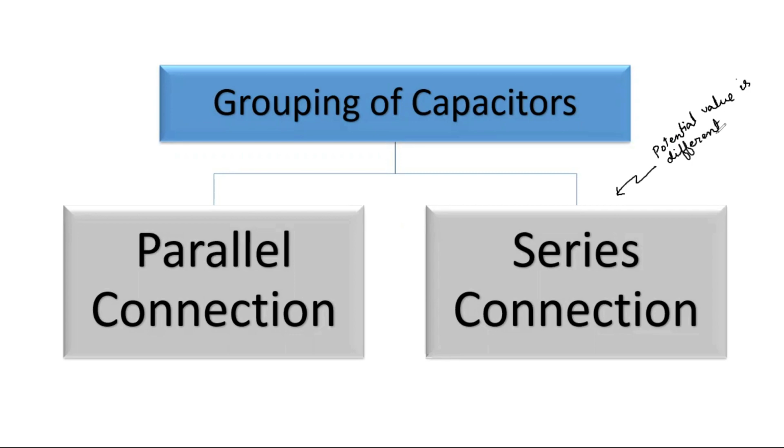Let's say if you have connected three capacitors, you will have three different potentials, and the charge accumulation will be same for all the capacitors which are connected in series.